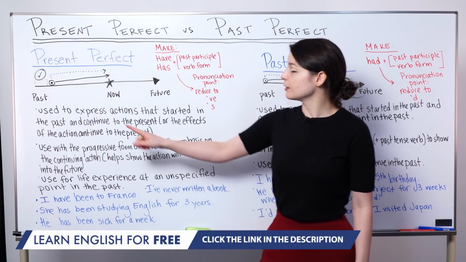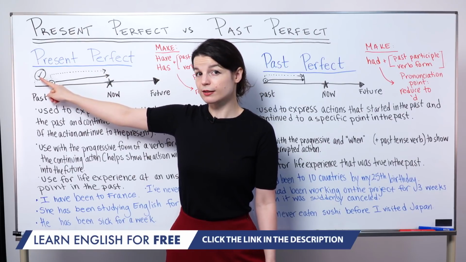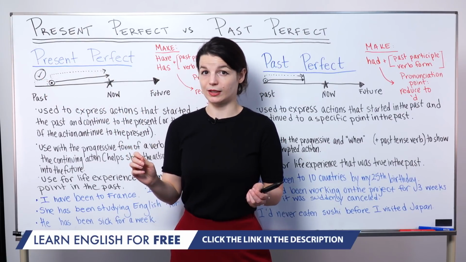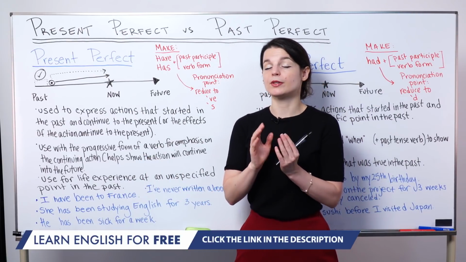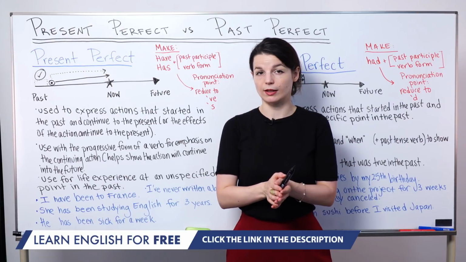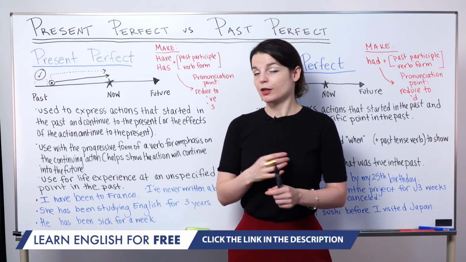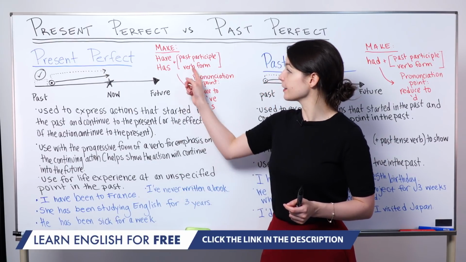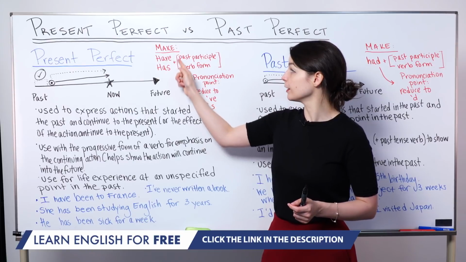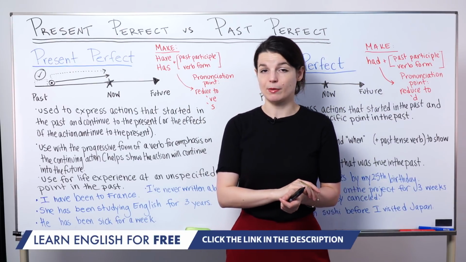I mentioned that we use the present perfect tense to talk about life experience and no life experience. This is a situation that describes no life experience. I have never written a book. So when we include never before a past participle verb in this pattern, it means no life experience at any time in the past.